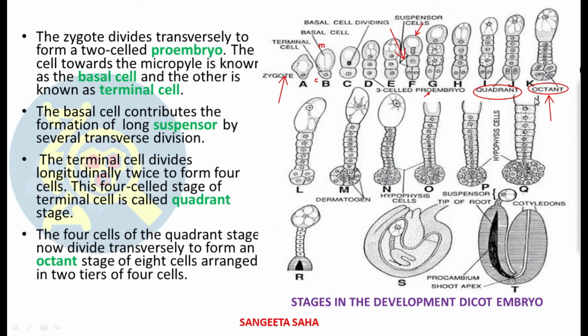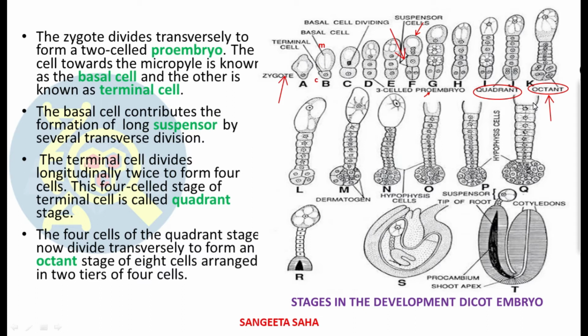Since we want to know the fates of the cells, we draw them in this manner so that all the cells are visible to us. Okay, now coming back. Now the suspensor will remain as it is, but the proembryo will become bigger.